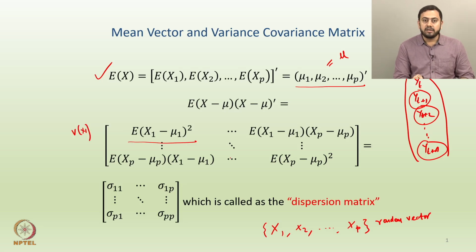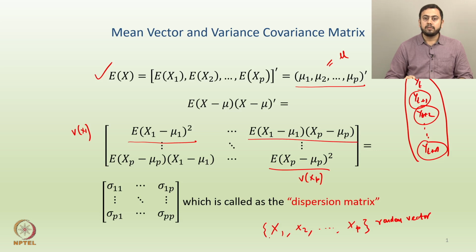Similarly, the second diagonal entry would be variance of x 2, and similarly the last diagonal entry is nothing but variance of the random variable x p, right. So, in a way all the diagonal entries should be the corresponding variances, and all the off diagonal entries should be the corresponding covariances. For example, this. So, what exactly is this?